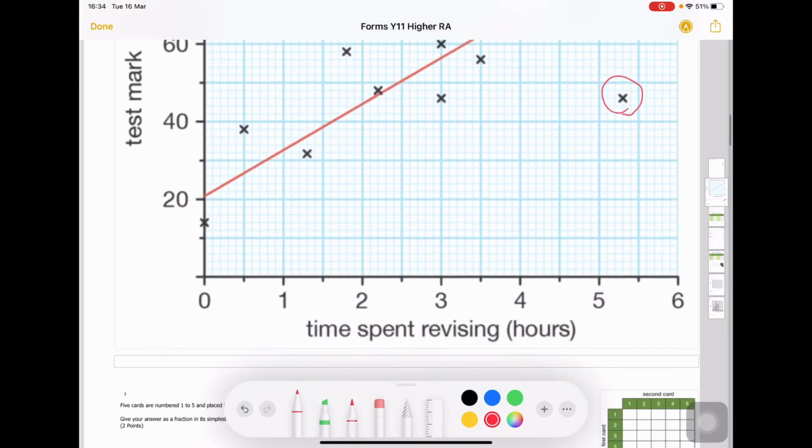So the coordinates will be 5.3, 46. Those are the coordinates for this outlier.